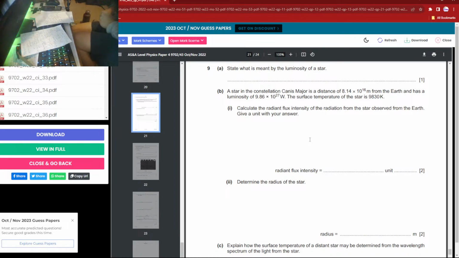Oh wait, we can't do that because we don't have the surface temperature of the star from Earth. How would we do this? Well, I guess we could say L is. No, you can't say that.